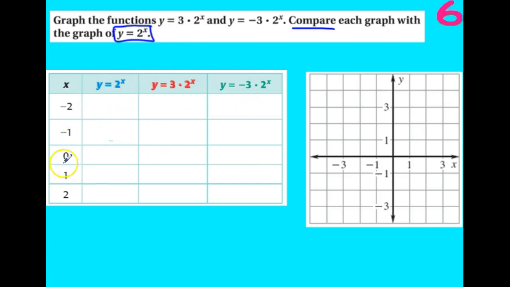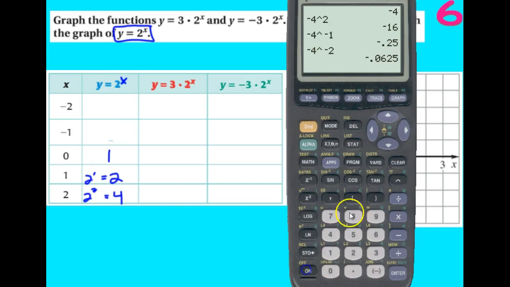So first, I'm going to plug in 0 for x. Anything to the power of 0 is 1. Then we have 2 to the power of 1. Anything to the power of 1 is just that number, so it's 2. And then we have 2 to the power of 2. 2 times 2 would give us 4. Then we have 2 to the power of -1.